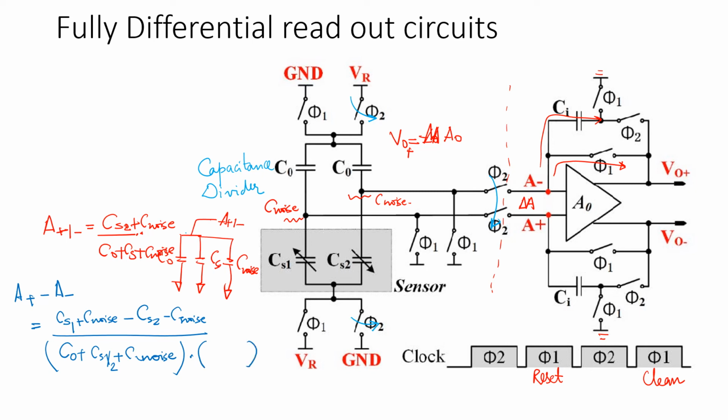So here the C noise component gets cancelled out and only the difference between the two sensing capacitance values will be there.